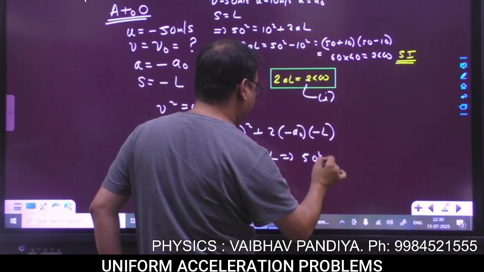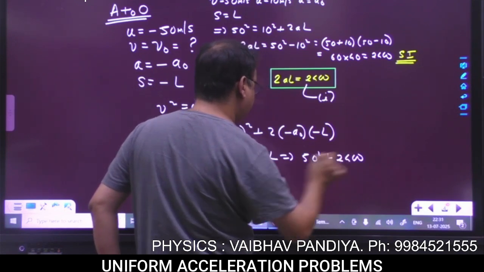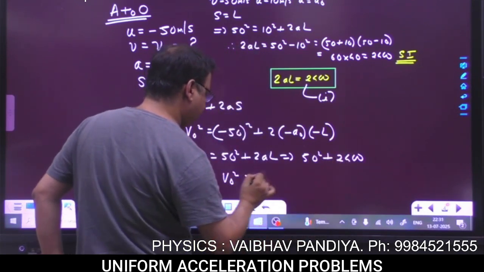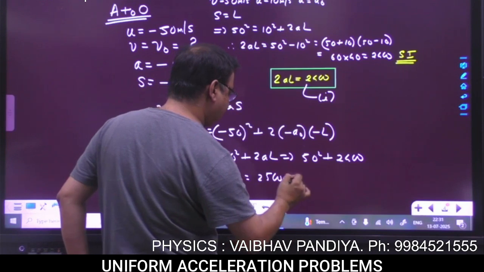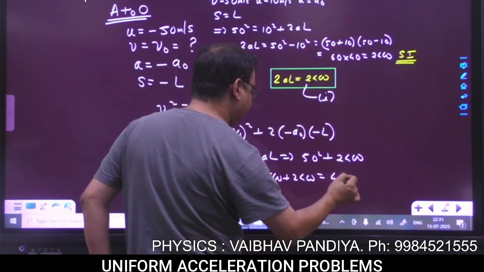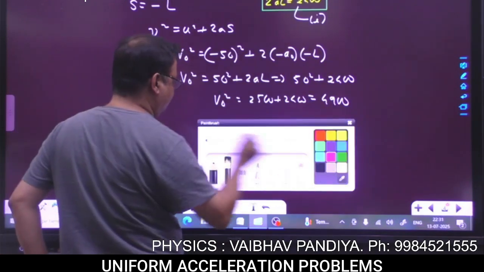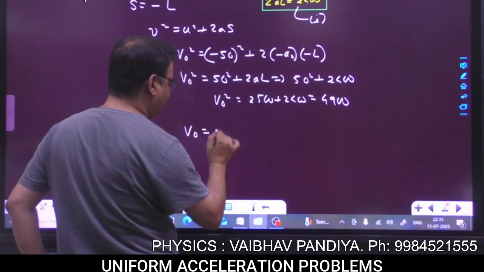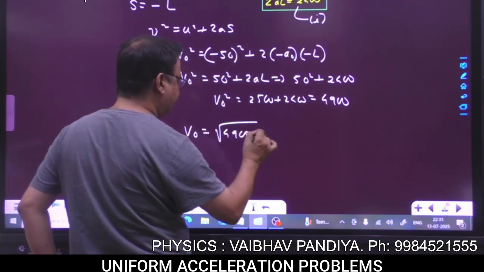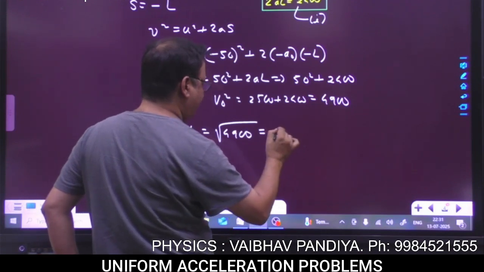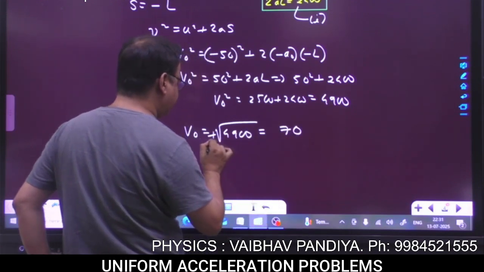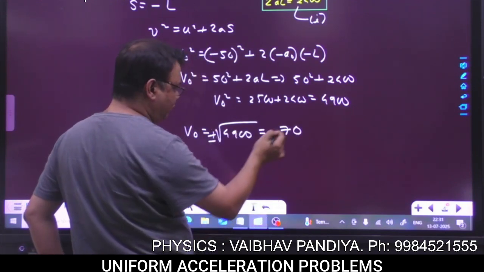So I'll get 50 square plus 2400. So V naught square will come to be 2500 plus 2400, that will be 4900, correct? So your V naught will come to be under root of 4900, and this will come to be 70. And of course it can be positive or negative, because velocity can have both signs.